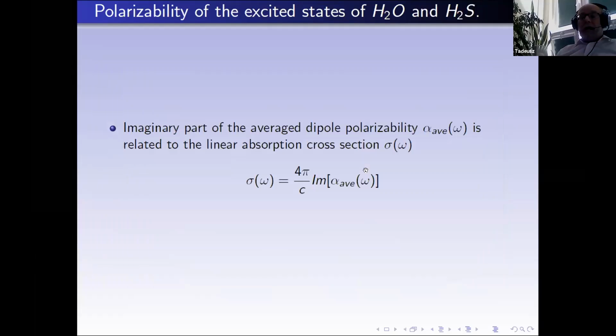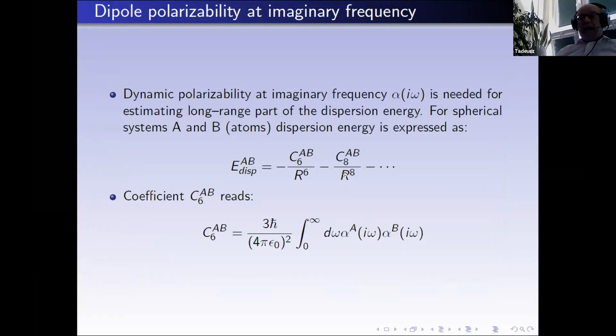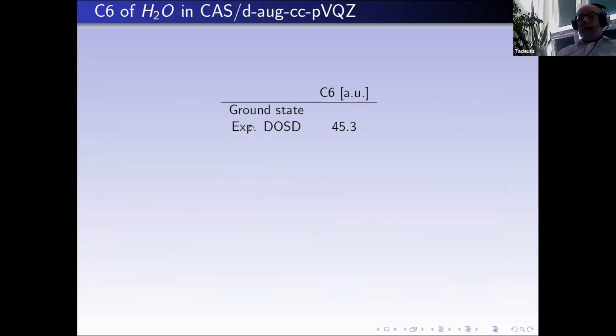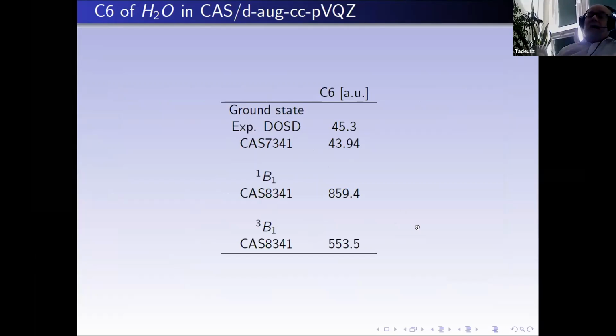We can also calculate the linear absorption cross section. And finally, we can also use the dynamic polarizability at imaginary frequency to calculate the leading term for the long range part of the dispersion energy, the C6 coefficients. So for the ground state, just to check the reliability of our approach, we have the experimental values and our CAS value. Now the values for excited states are quite large and they are given here.